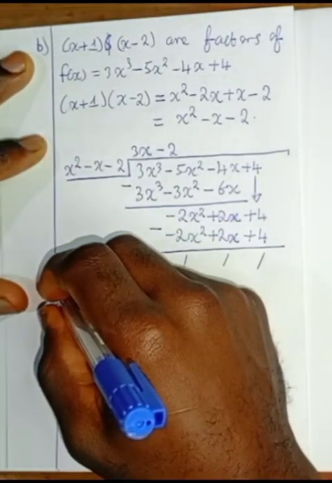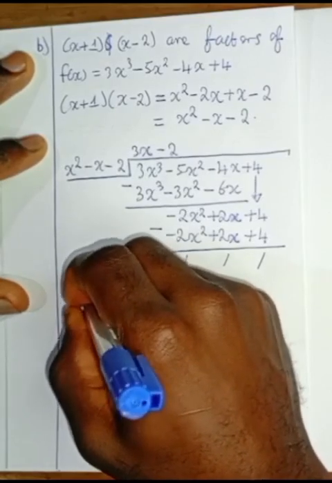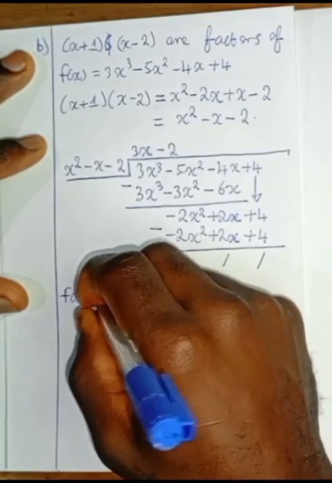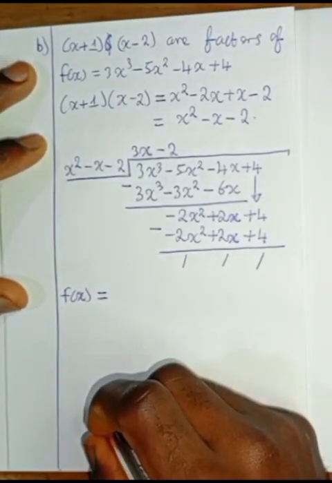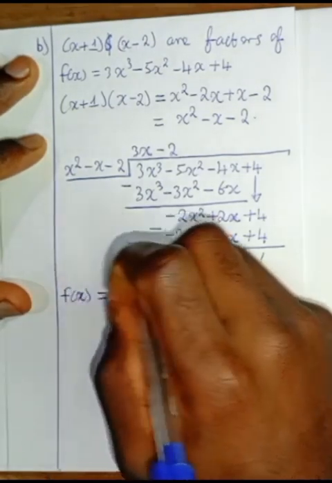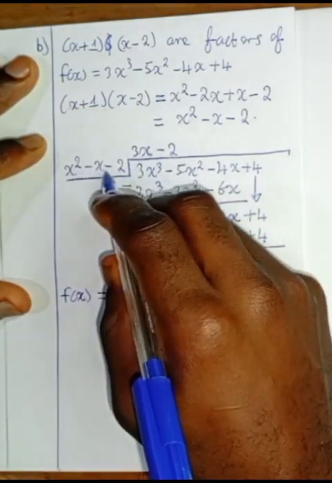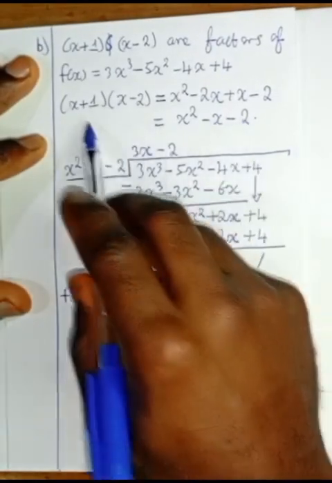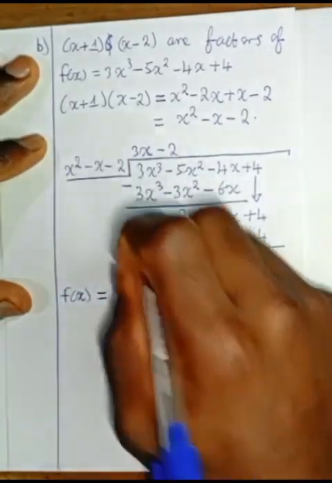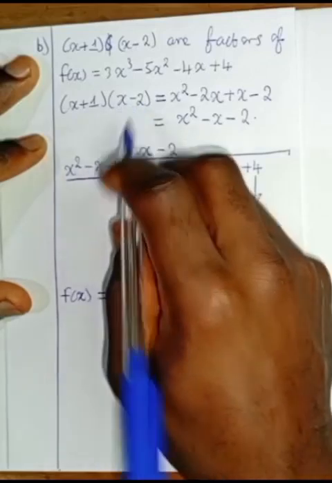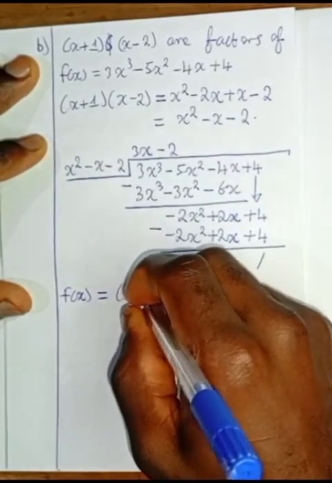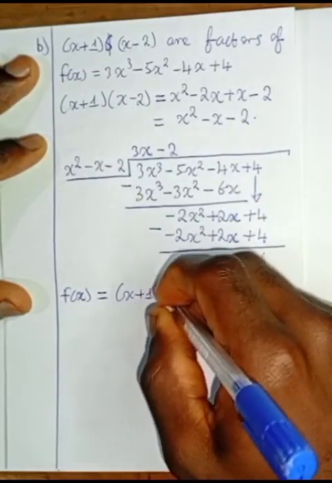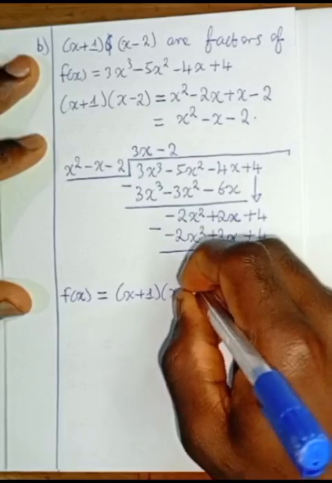We can express our f of x as x squared minus x minus 2. We know x squared minus x minus 2 is simply the expansion of these two linear factors, x plus 1 and x minus 2.